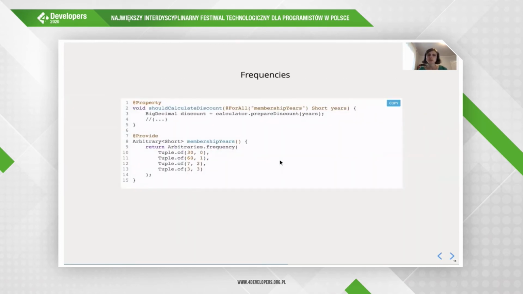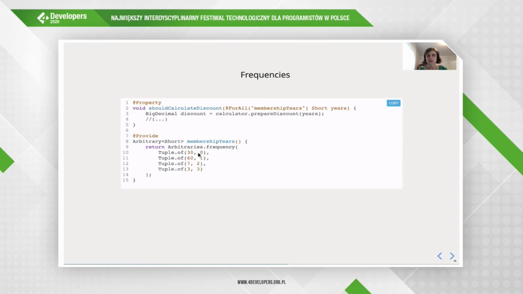And another technique which might be handy are frequencies. So here we might want to say that some kind of data in the generator should occur more than some of the other, to more closely resemble our business cases. So for example, here where we calculate the membership years for such domain, we want to say that these values come with such frequency.